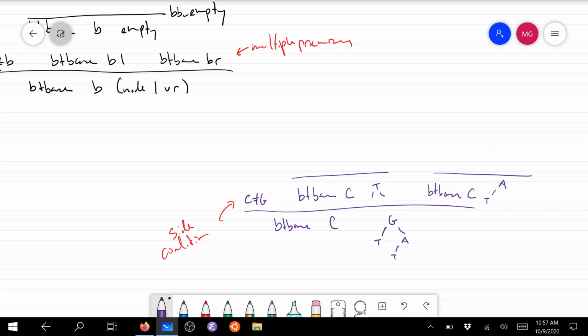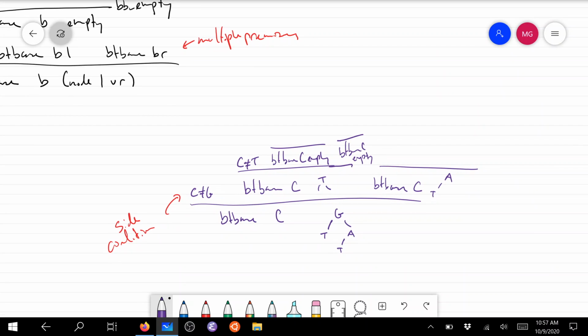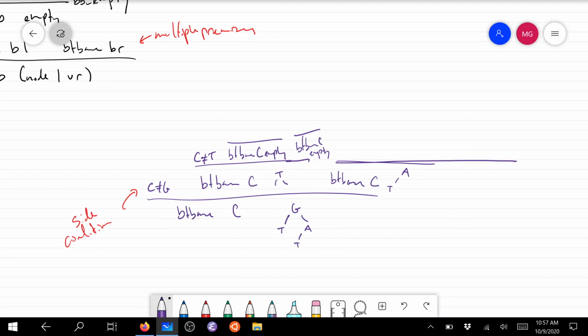Now here for BT base CT, we would just need C is not equal to T, and we need BT base C empty, and then another BT base C empty for each of the two children, and we have those both immediately by BB empty. Okay, let's give ourselves a lot more room because we've been running low.